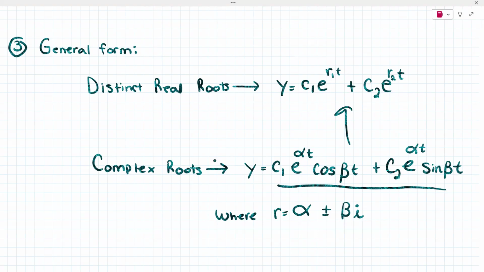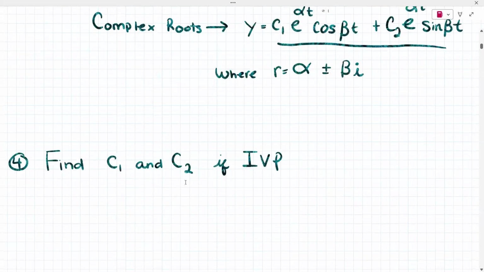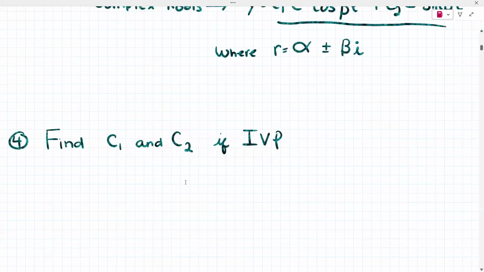So it's c1 e raised to the alpha t times cosine beta t plus c2 e raised to the alpha t times sine of beta t, where r is alpha plus or minus beta i. Okay, so step 4, find C1 and C2 if you're given an initial value problem or initial condition.